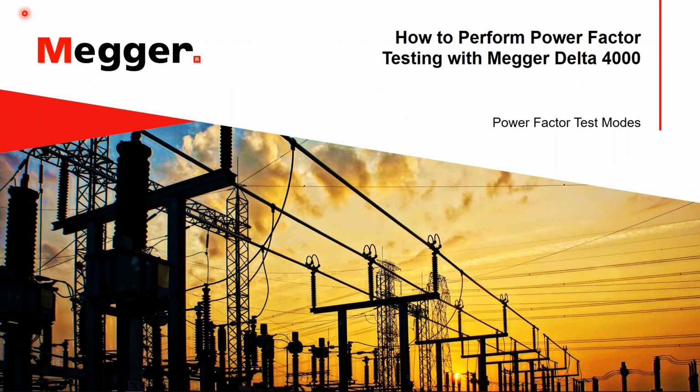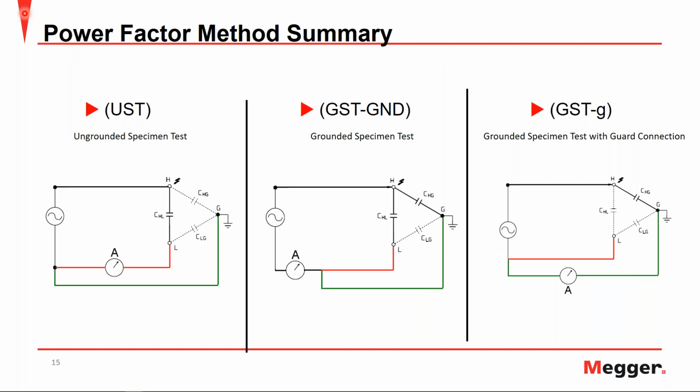Now let's go ahead and take a look at the different power factor test modes. There are 3 test modes in total: the ungrounded specimen test, the grounded specimen test, and the grounded specimen test with guard connection. We'll go through each one of them briefly. Here we can see we have our sinusoidal or AC source, and we're injecting into the high side.